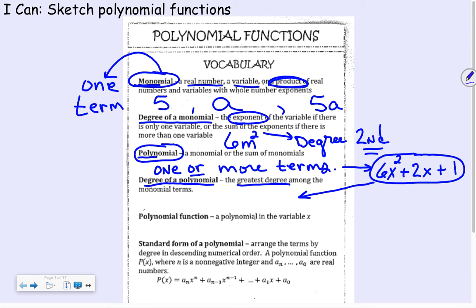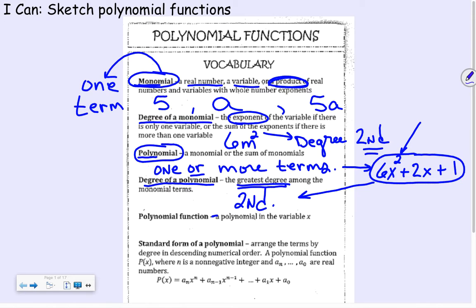Yeah, Jenna says it's second. It says right here, the greatest degree. The greatest degree is right there. It's 2, so it's second. It's a second degree polynomial. Now, if that would have been a 5, you'd say it's a 5th degree. All right?